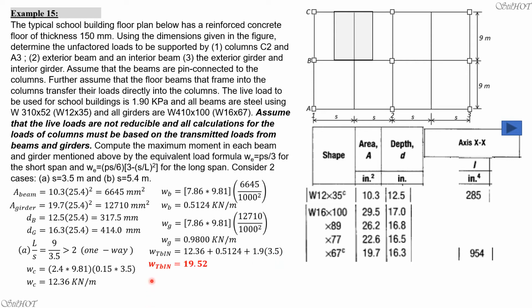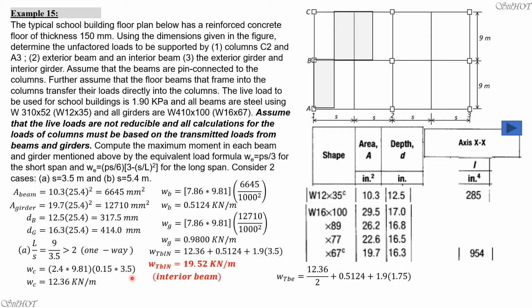So the total uniform load in the interior beam is 19.52 kilonewton per meter. That's for interior beams. There are so many interior beams there. For the exterior beam, we have W total for the exterior beam with 12.36 over 2. We divide it by 2 because the length of this is S over 2.